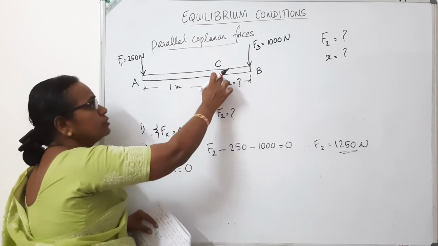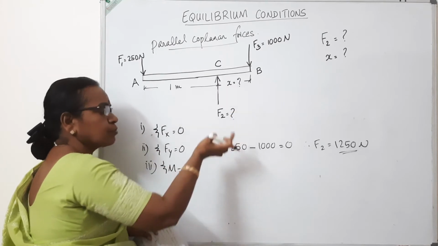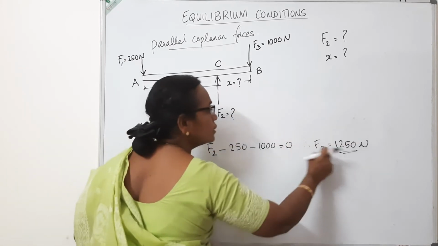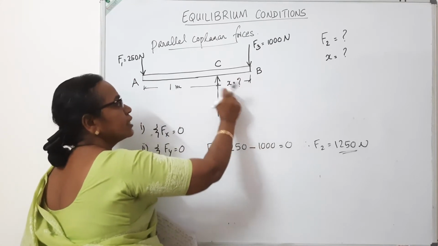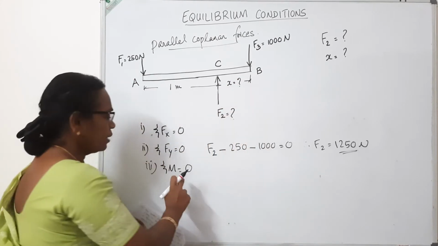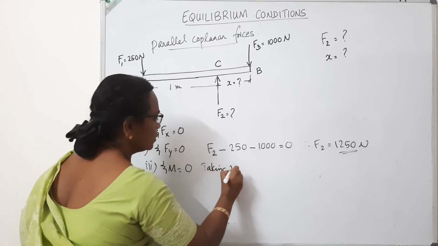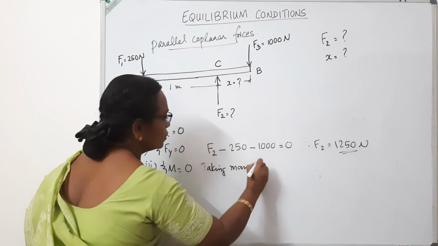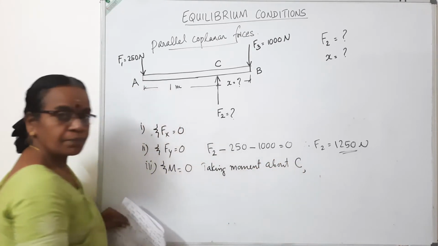If I take moment about C, this F2 will not come into picture because it's acting on that particular point. So even if you go wrong in F2, there will not be any error in the answer X. So I'll take moment of all the forces about C.